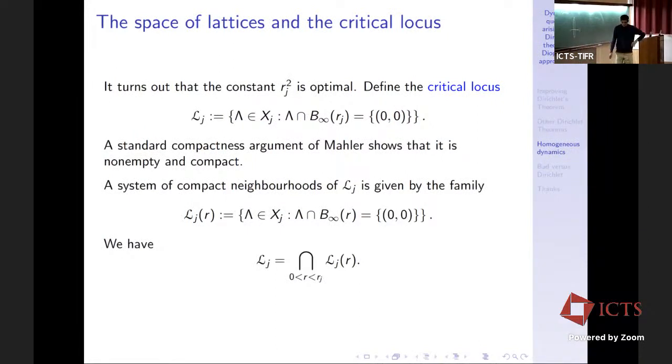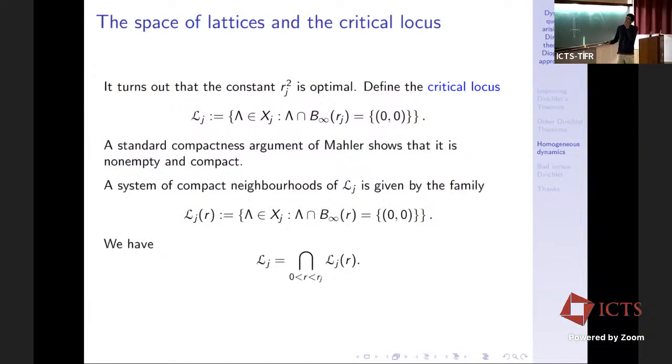Okay. So along with this R_J comes the critical locus. I'm going to call it L_J. It's the set of all lattices which intersect B_infinity(R_J) trivially. Okay, so it's non-empty because, if R_n converges to R_J, you can find a sequence of lattices Lambda_n which intersect those balls trivially, and then you can use the Mahler compactness criterion to show that these Lambda_n have a limit, and it lies in this set.